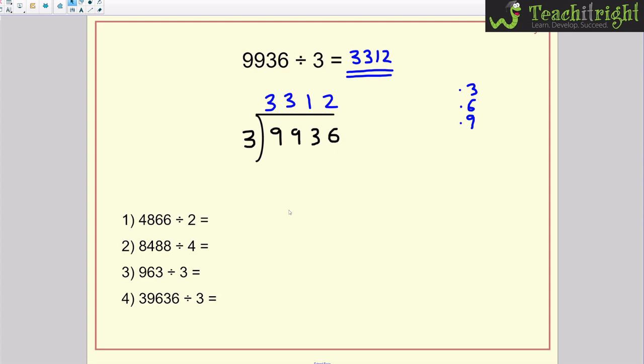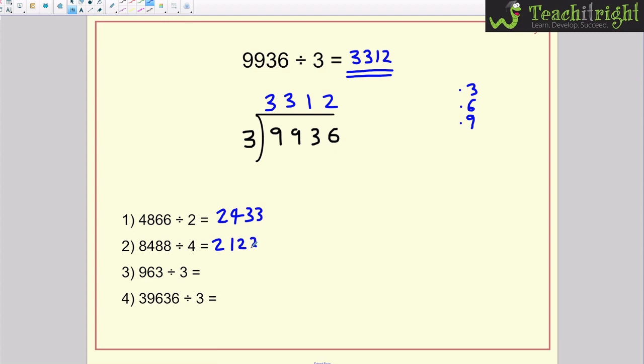Okay, I'm about to go through the answers, so if you've not done them, pause now. Otherwise, hopefully you're ready. Here they come. So 4866, the answer to that will be 2,433. For 8488 divided by 4, we're going to have 2,122.